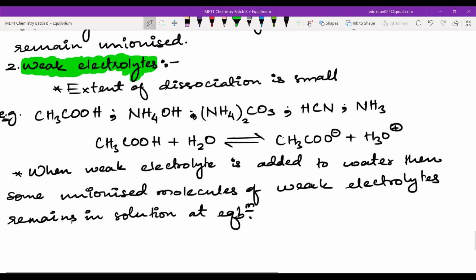That means there will be some amount of CH3COOH that will always be present in the solution. Write this down. Let me know if you're done. Done, sir. Okay. Is there anyone who is still writing?